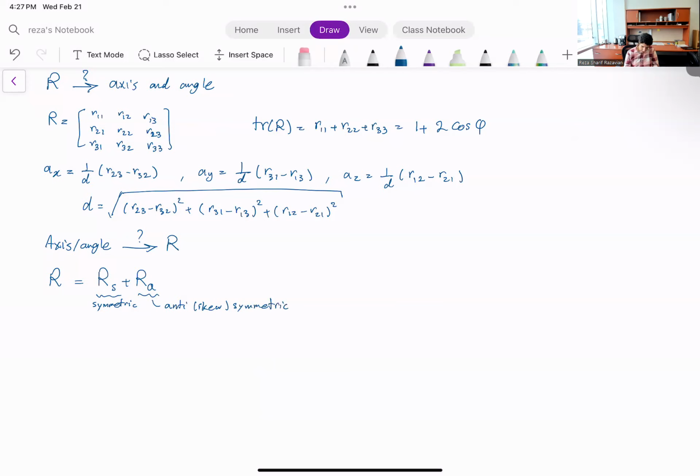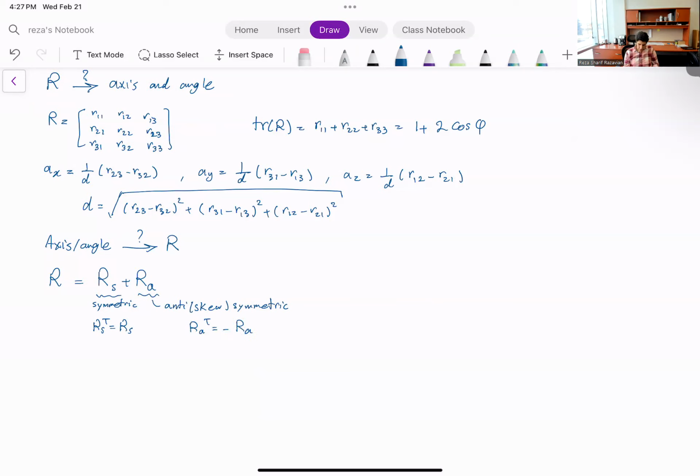Now remember we had this in one of the previous videos. Symmetric is RS transpose equals RS, and skew symmetric is RA transpose equals minus RA.